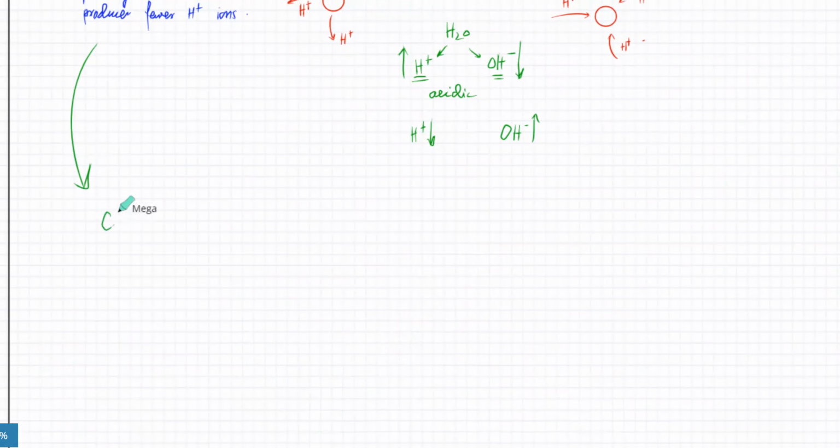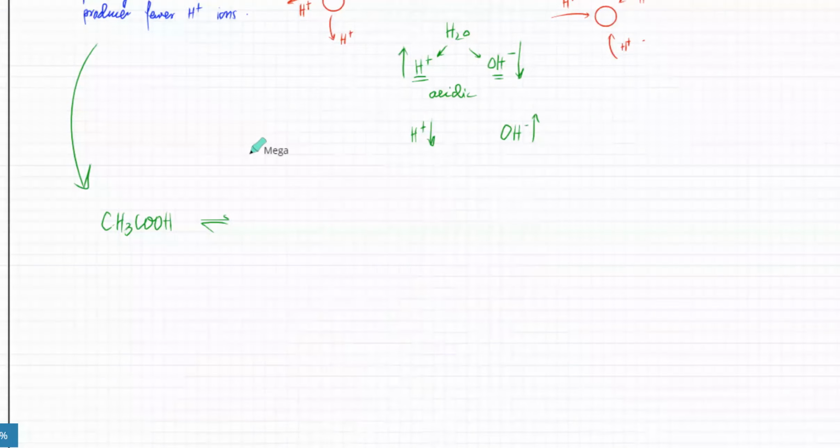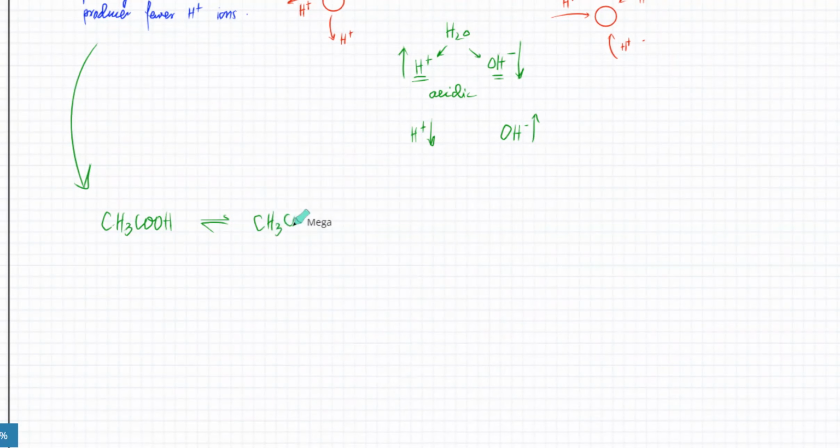If I have ethanoic acid, then ethanoic acid would go on to lose or produce H plus ions. The H at the end breaks off and separates.